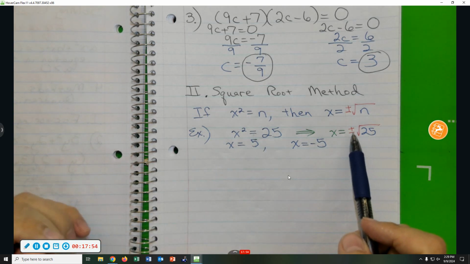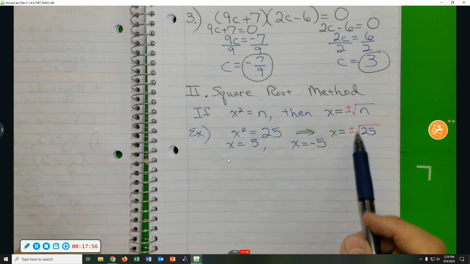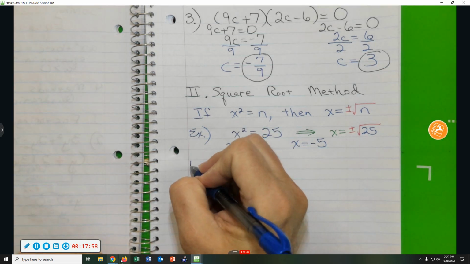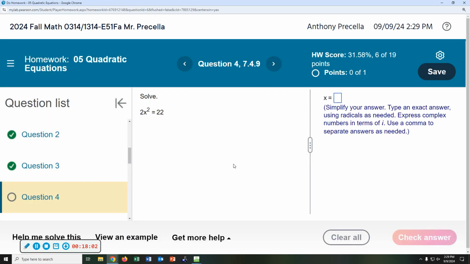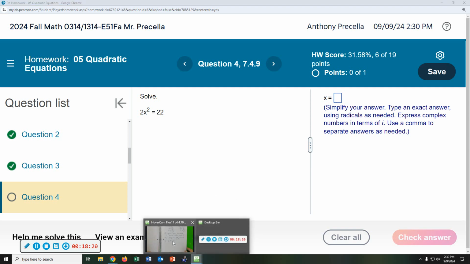Okay, so let's look at number 4. 2x squared is equal to 22. Okay, switch over to mine.